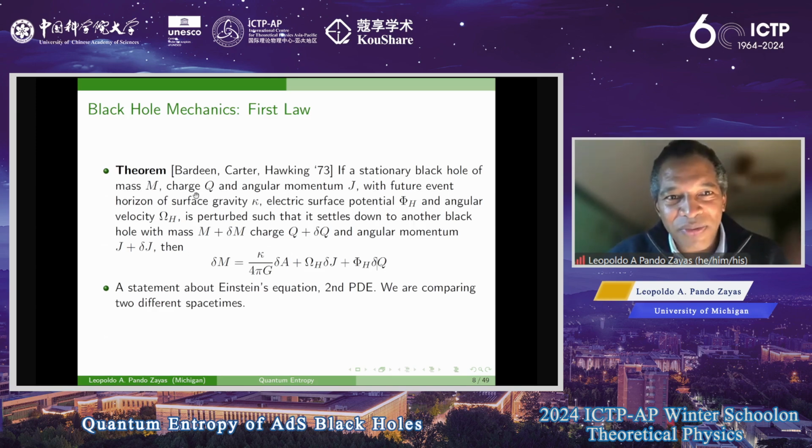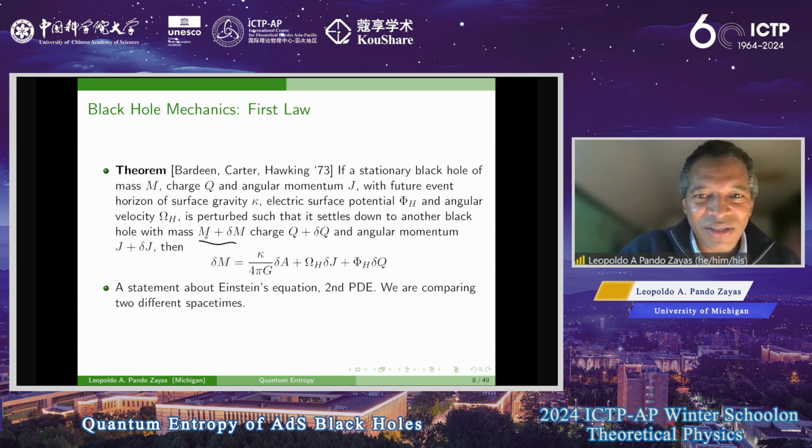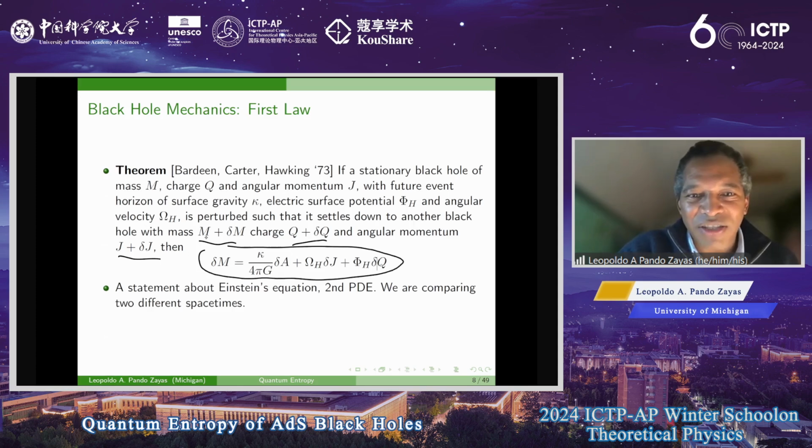For example, there's this theorem, Bardeen, Carter, Hawking, 1973: if a stationary black hole of mass m, charge q, and angular momentum j, with future event horizon H and angular velocity omega_H, is perturbed, so you go from one black hole to another black hole with slightly changed values for the mass, charge, and angular momentum, then these changes must satisfy this relation.